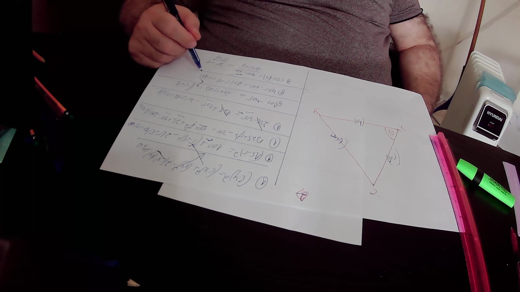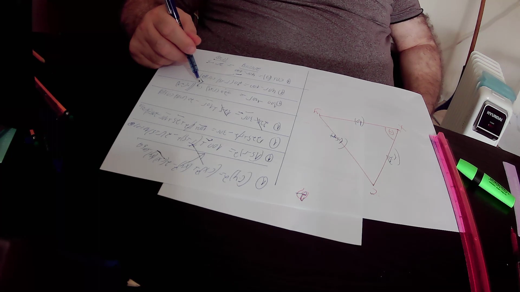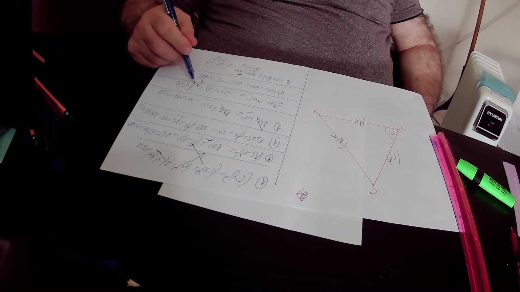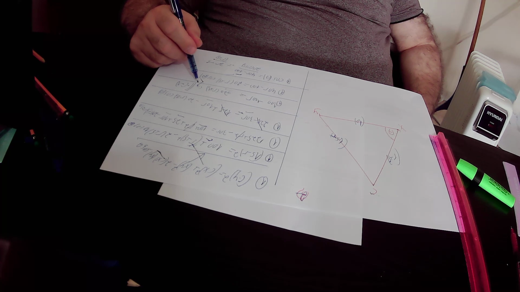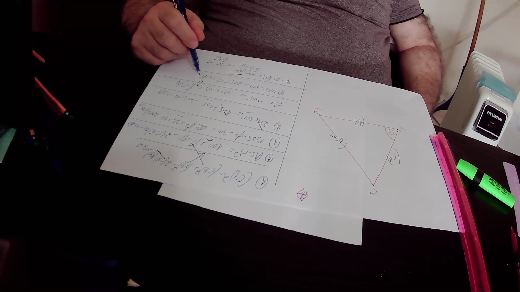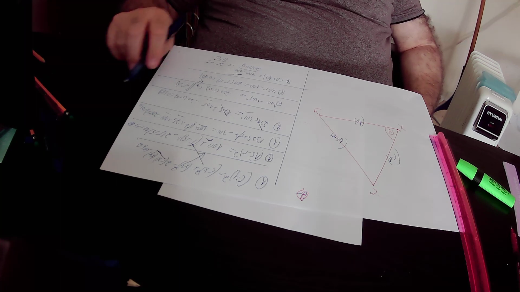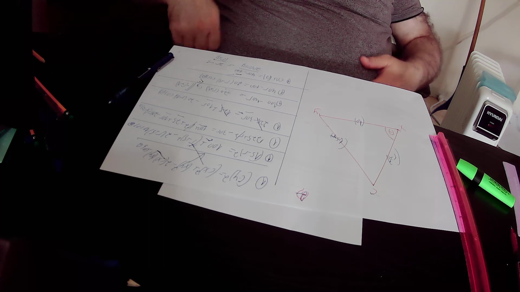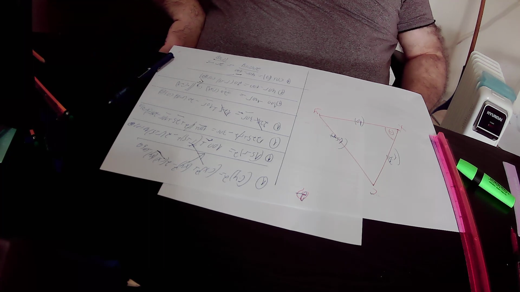Here we multiplied equation number 1 by minus 1, and we got that 40r minus 100 equals 20 times r plus 5 times cosine theta. Here we divided equation number 1 by 20 times r plus 5, and we got that according to equation number 1, cosine theta equals 40r minus 100 over 20 times r plus 5.